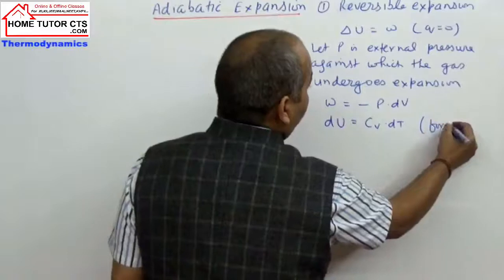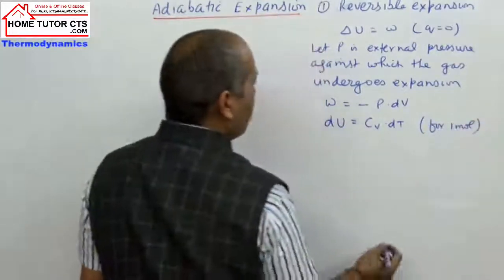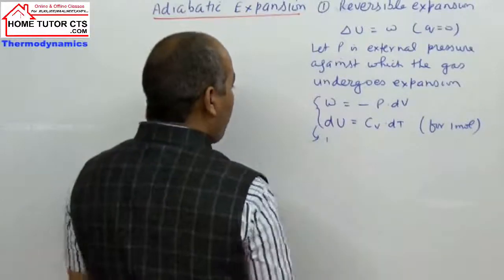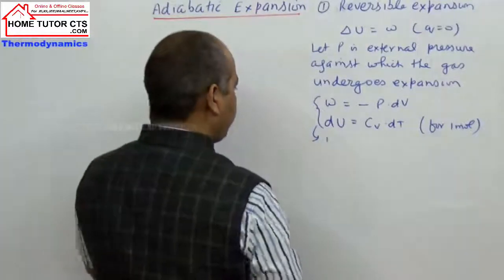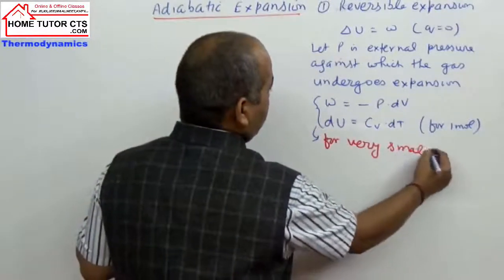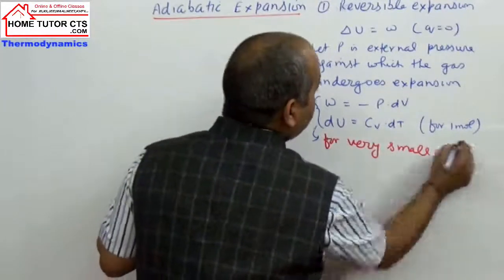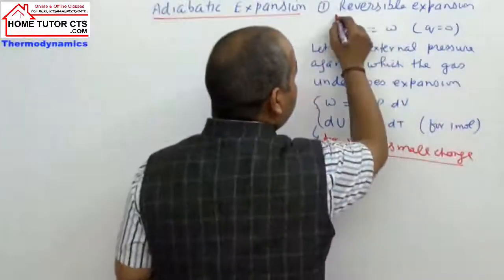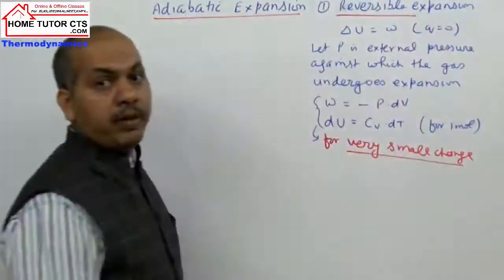It is for 1 mole of gas. Changes taken in both cases are very small, because only then can the change be reversible. Why is this requirement there? For very small changes, because the process has to be reversible.